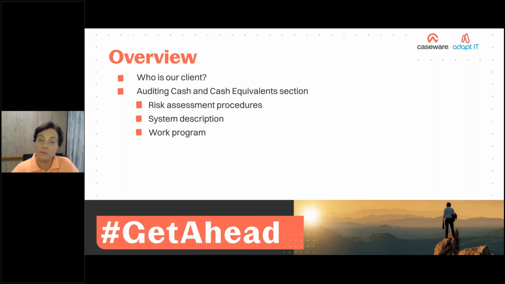In some cases, you might be expected to do the documentation, and in other cases, it's possible that someone else may already have done that, and you're just going to update that or read it to get yourself up to date as to, firstly, what has already been done, and secondly, the information that is already learned so that you can just pick up from there. And then we're going to look at the system description, see what happens when we are looking at that, and then start tackling the procedures in the work program. All right, so that's what we're going to do today.